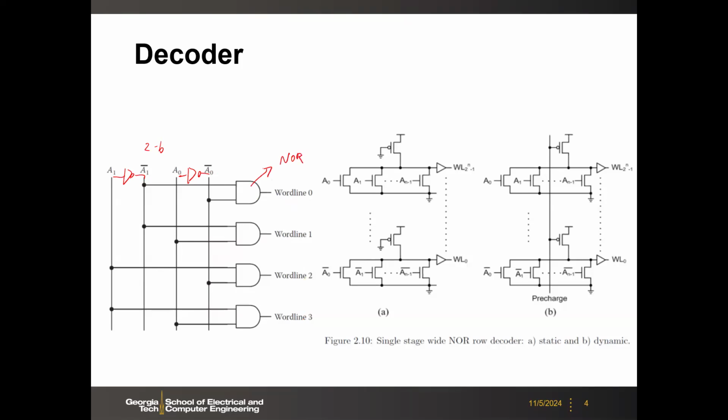In CMOS, you know what a NOR gate is. This is a 2-input NOR gate. You have NMOS pull-down in parallel, and then PMOS in series, as a NOR gate. NAND gate is just the other way.